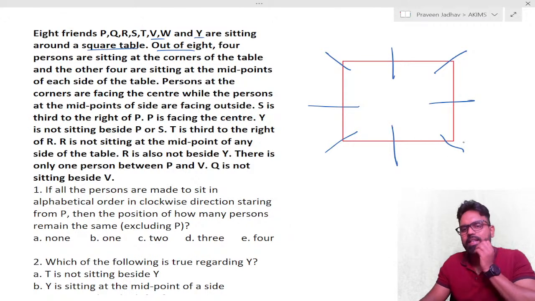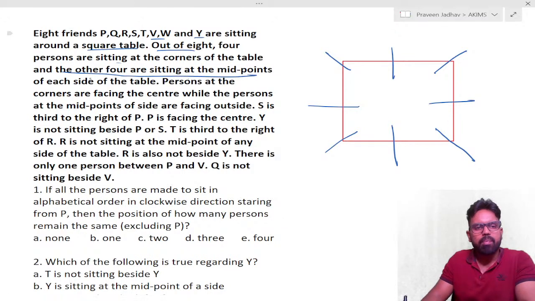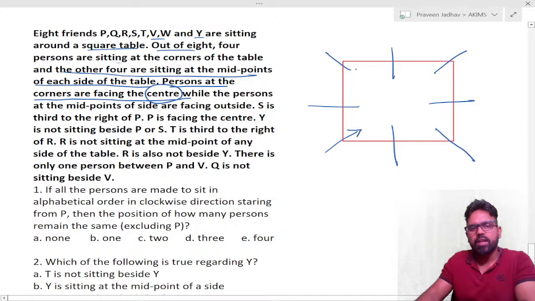He doesn't mention anything about the direction in which they are facing yet. Persons at the corners are facing the center, while persons at the midpoints of the sides are facing outside, he says.